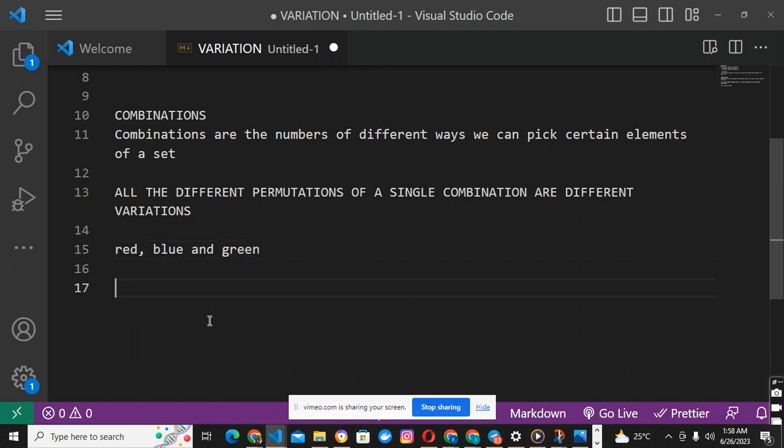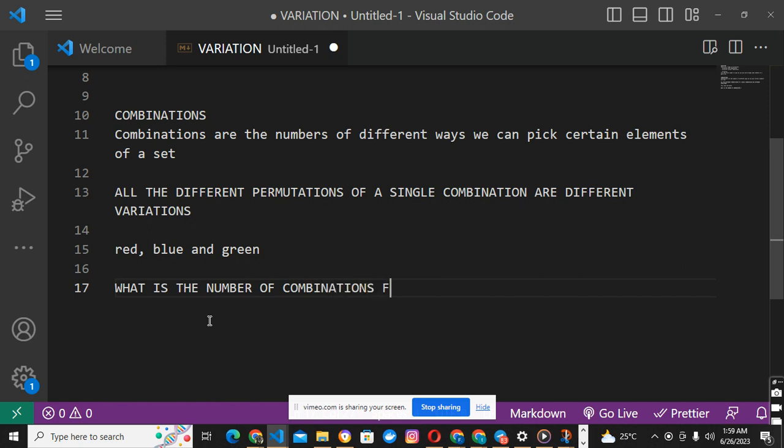The question says: what is the number of combinations for choosing p many elements out of a sample space of n elements?